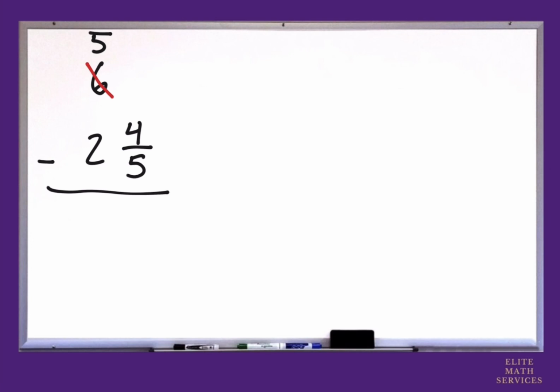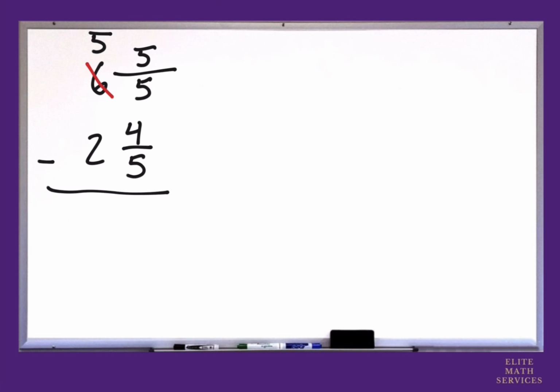So the first thing we do is we have to make sure it has the same denominator as our fraction that we have already, which is 5. So we're going to put 5 as our denominator. In order to make this equivalent to a whole, we put the same number as the numerator, which is 5. 5 over 5 gives us one whole.